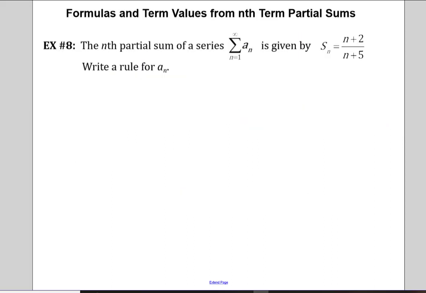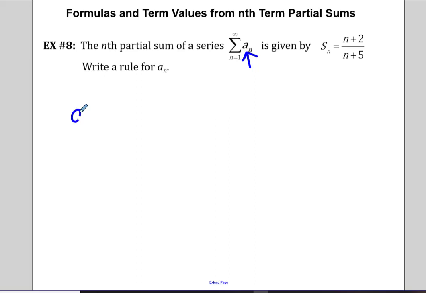Okay, in the last two examples, this is a little backwards thinking. We have the nth partial sum given, and here's our nth partial sum, and we want to find a rule for the a sub n term. So we don't often see that. But the big idea here is, let's think about the summation.